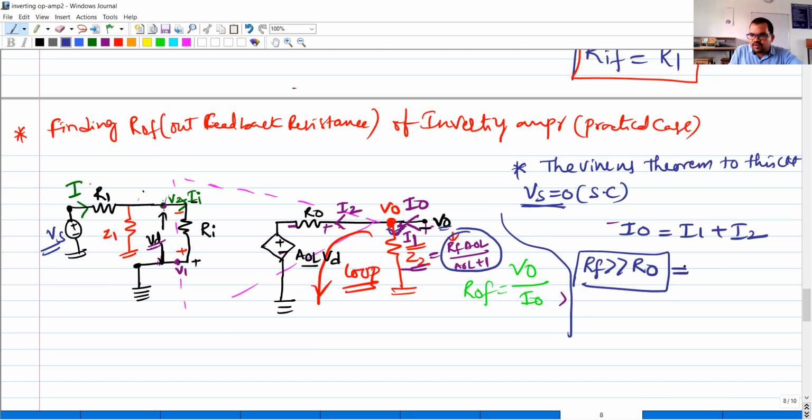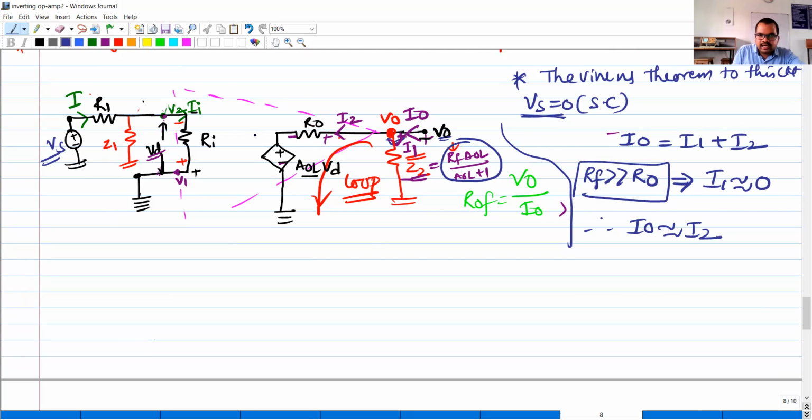Because the current always flows through the lower resistance, and RF belongs to higher resistance, I put I1 approximately 0. The current flowing through this Z2 impedance, that is the RF resistance, is approximately 0. Therefore, I0 is approximately equal to I2.